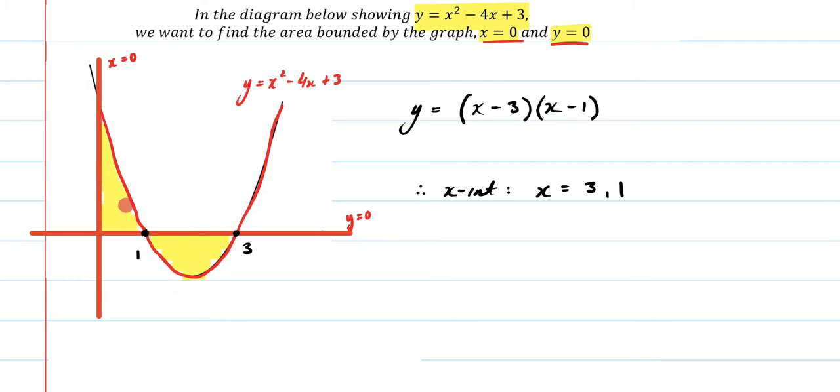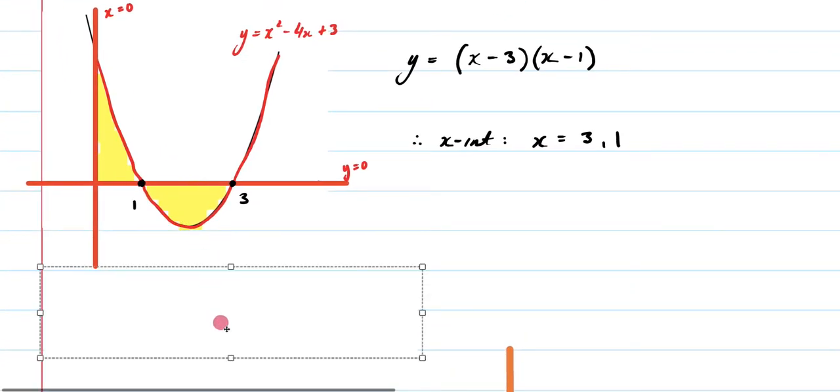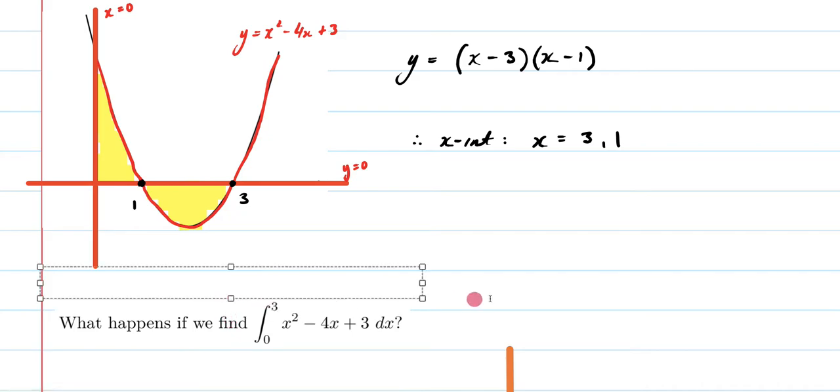Now we want to find these areas. Well, in the last lesson, we learned how to do this. So you might be thinking to yourself, this question isn't that hard at all. In order to find these areas, I just have to do the following.